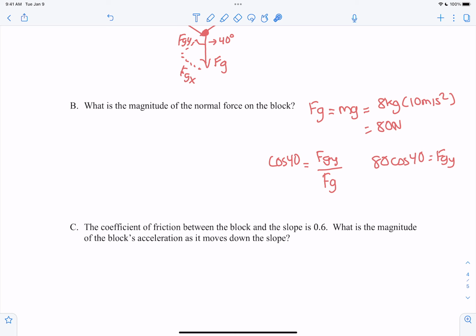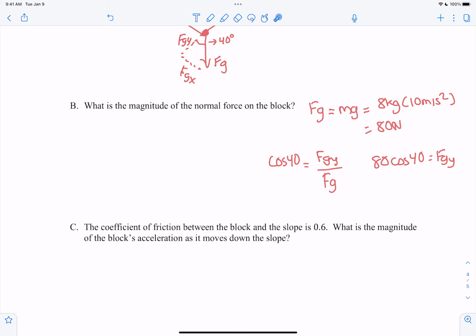Let me look up cosine 40 real quick. It's 0.76, and that's times 80. Yeah, I got 61.28, about 61.3.